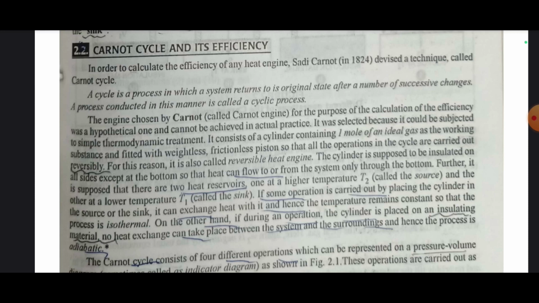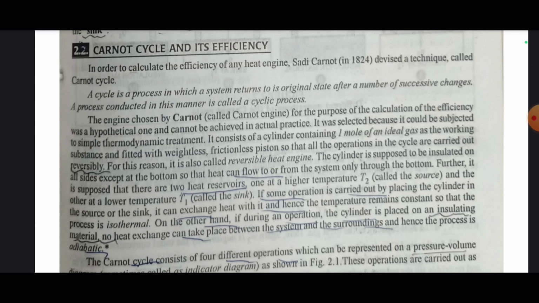The cylinder is supposed to be insulated on all sides except at the bottom so that heat can flow to or from the system only through the bottom. Further, it is supposed that there are two heat reservoirs, one at a higher temperature T2 and the other at a lower temperature T1.